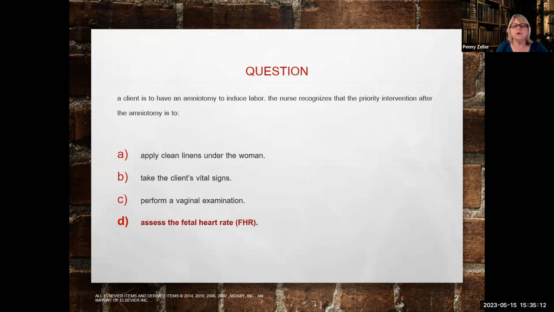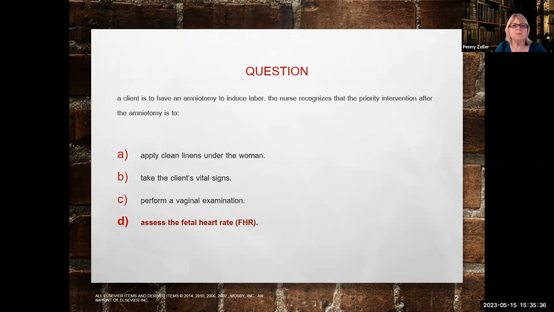So we look at the monitor, and if the cord was prolapsing, in other words, if the cord was falling down into the uterus and getting pressed against the cervix, what kind of fetal heart pattern would you expect to see? Do you remember your VEAL CHOP?